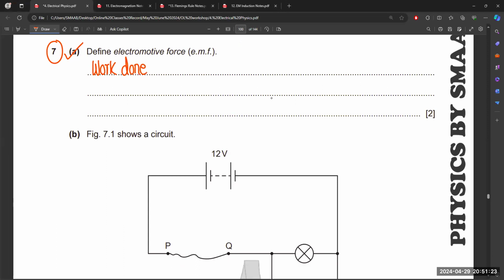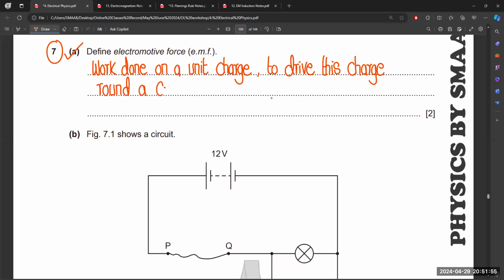So we can define it as the work done on a unit charge to drive this charge round a complete circuit.